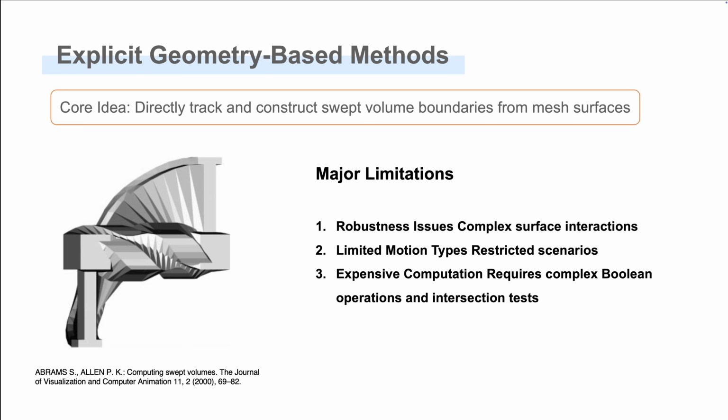First, robustness issues. When surfaces interact in complex ways during motion, these methods struggle to handle all the geometric cases correctly. Second, limited motion types. They typically only work well for restricted scenarios. And third, expensive computation. They require complex Boolean operations and intersection tests, which become prohibitively slow for intricate motions.